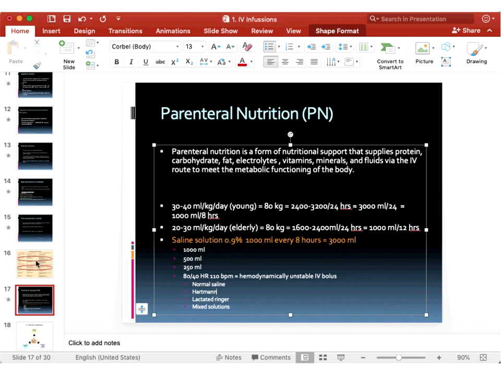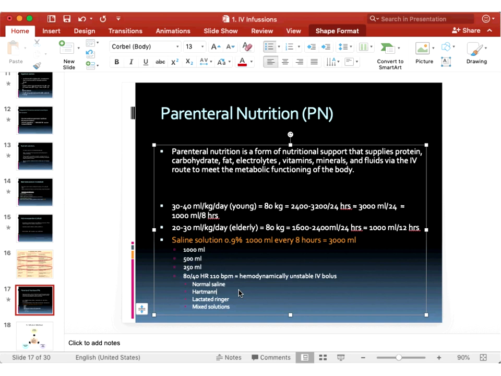That's right. So there are no rules for this, no recipes. You have to make your decision based on your knowledge and based on your patient's conditions. My suggestion regarding an IV bolus is that you go careful on this.